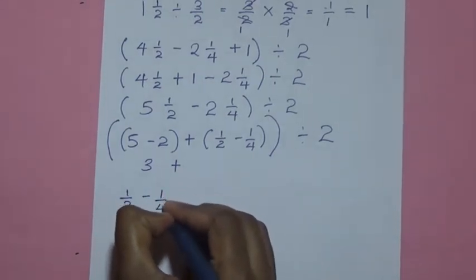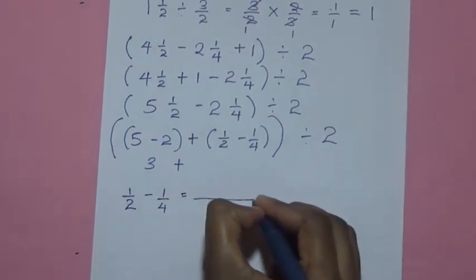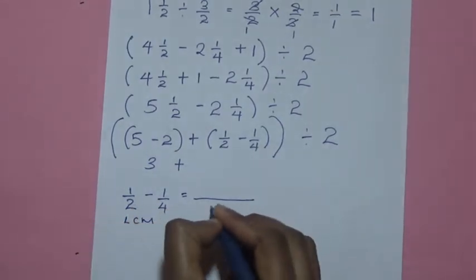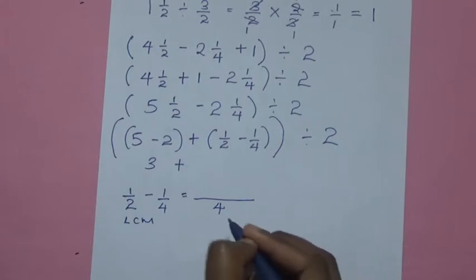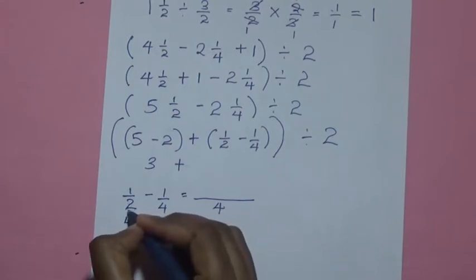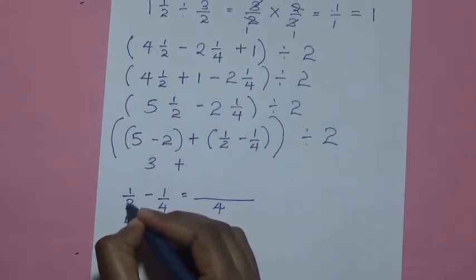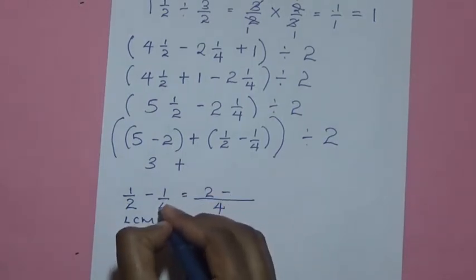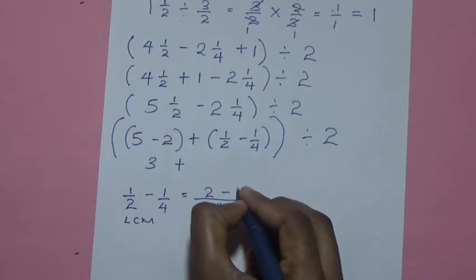A half minus a quarter. We find the LCM of 2 and 4, which will be 4. So 4 divided by 2 is 2, multiplied by 1, we have 2. You subtract 4 divided by 4 is 1, multiplied by 1, we get 1.